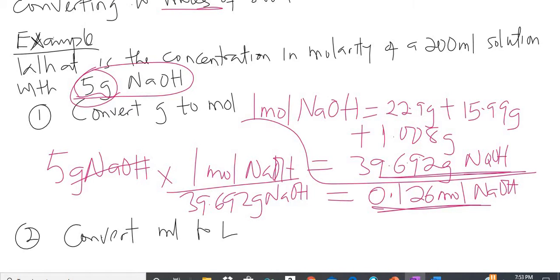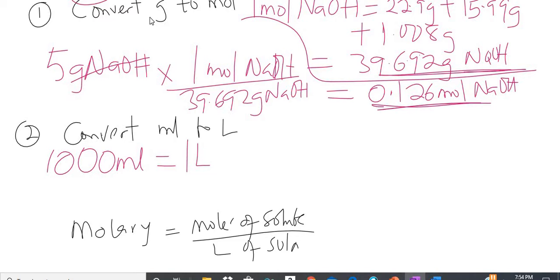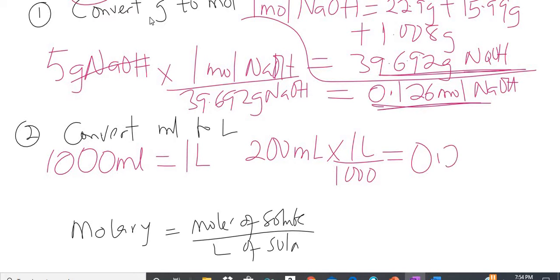Now, the next thing is we're going to convert our 200 ml to liters. We know that 1000 ml equals 1 liter. So our 200 ml, this is our given, is going to give us 0.2 liter.